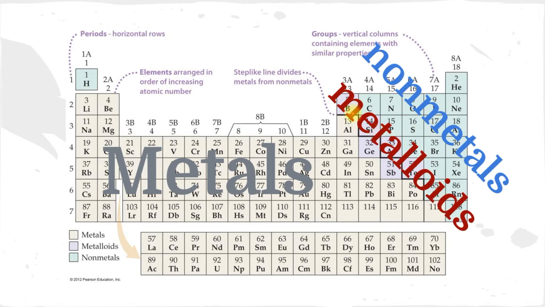There's only 6 of them: boron, silicon, germanium, arsenic, antimony, and tellurium. So pretty much if you're touching the staircase except for aluminum, then you're a metalloid. Everything to the left or underneath the staircase is metals, and everything above it is nonmetals.